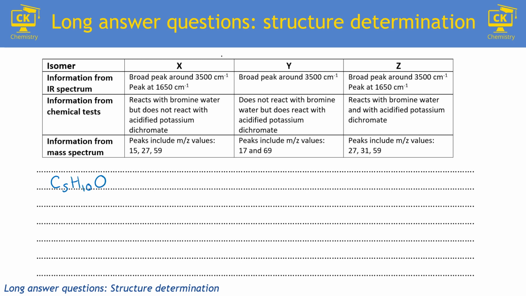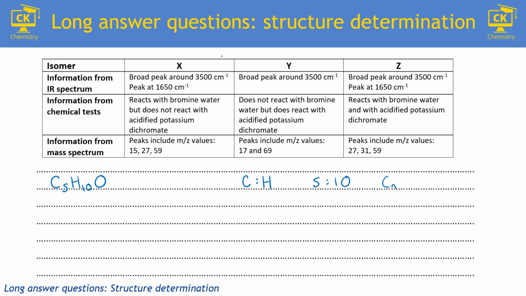C5H10O. Most of us know the general formula for alkanes, CnH2n+2, and alkenes, CnH2n. But we tend to stop there and don't think about it when it contains an oxygen atom, but the same rules apply. So if I think about the ratio of carbon to hydrogen in this compound, it is 5 to 10.